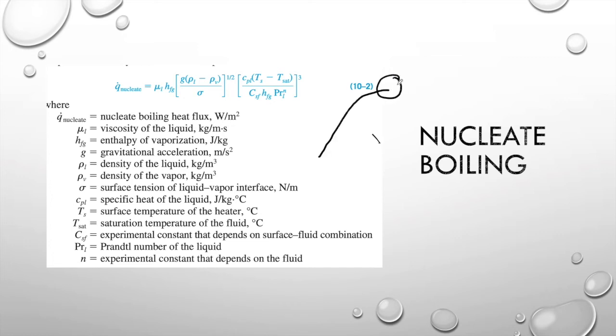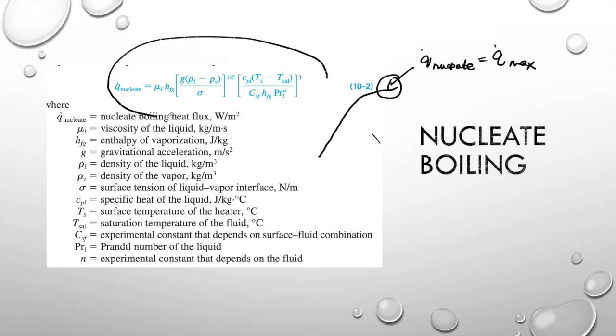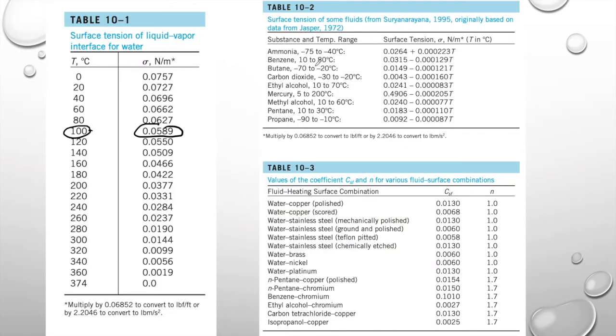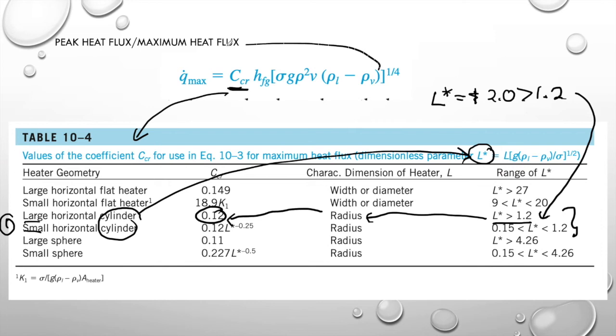So at this maximum, Q dot nucleate can be equated with the Q dot maximum equation. So what you have to do is equate Q dot nucleate with Q dot maximum.